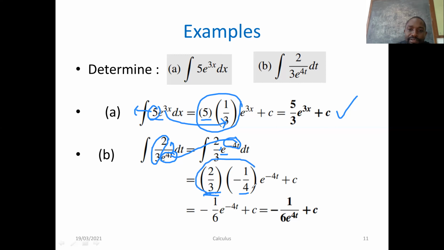Simplifying this further, you have minus 1 over 6.